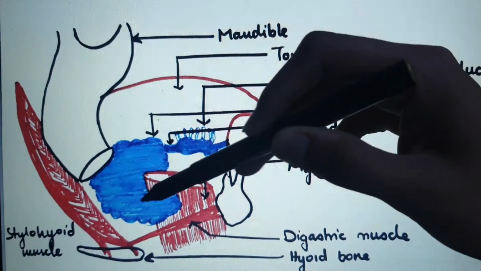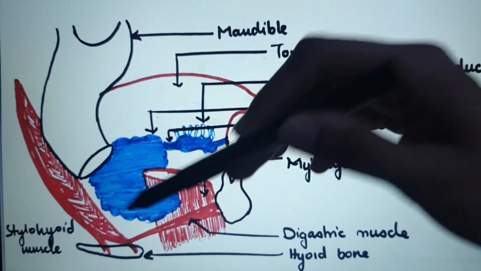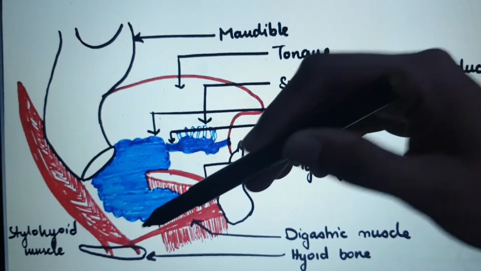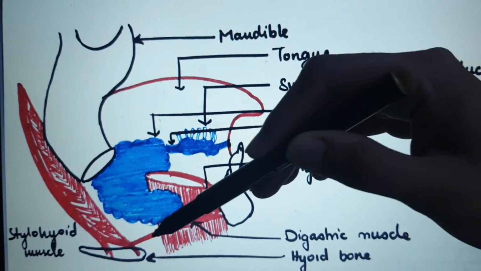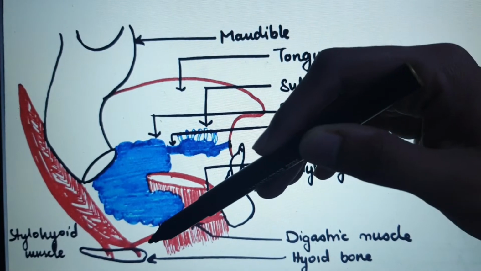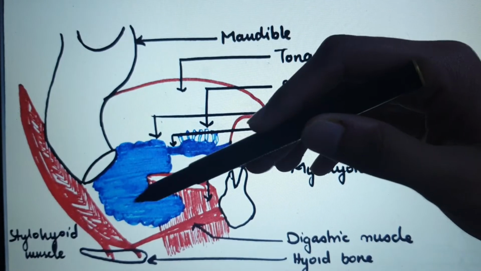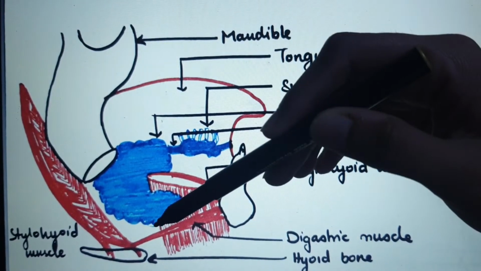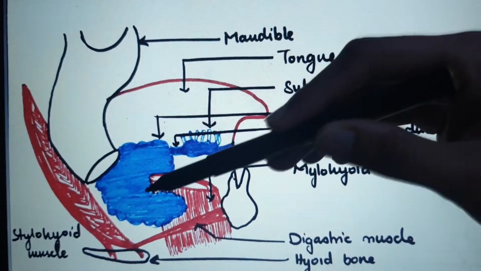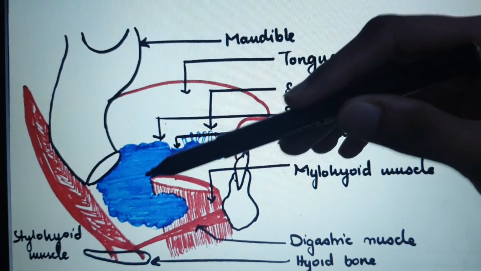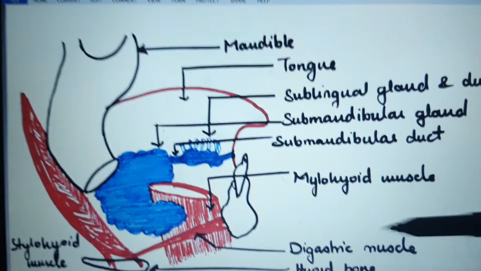So this superficial part of the submandibular gland is covered by skin, platysma, cervical branch of the facial nerve, deep fascia, facial vein, and submandibular lymph nodes from the inferior surface, whereas laterally it is covered by the submandibular fossa on the mandible, insertion of the medial pterygoid and the facial artery, and medially it is covered by mylohyoid, hyoglossus, styloglossus muscle, as I'll show you in the next diagram.